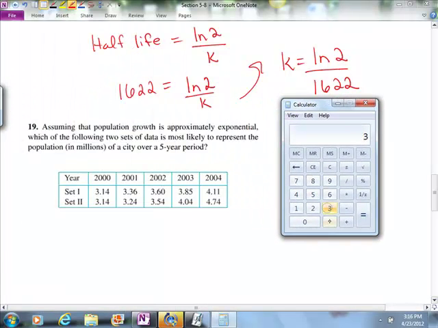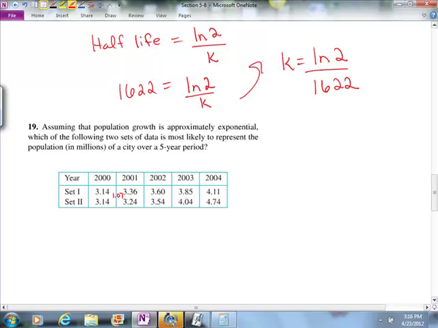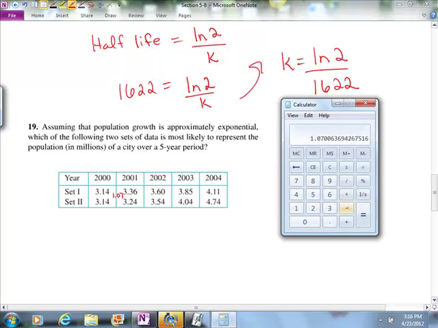So if I do 3.36 divided by 3.14, I get 1.07. That's this ratio of 3.36 to 3.14. Now let me try the next one. If I do 3.6 divided by 3.36, I also get about 1.07.